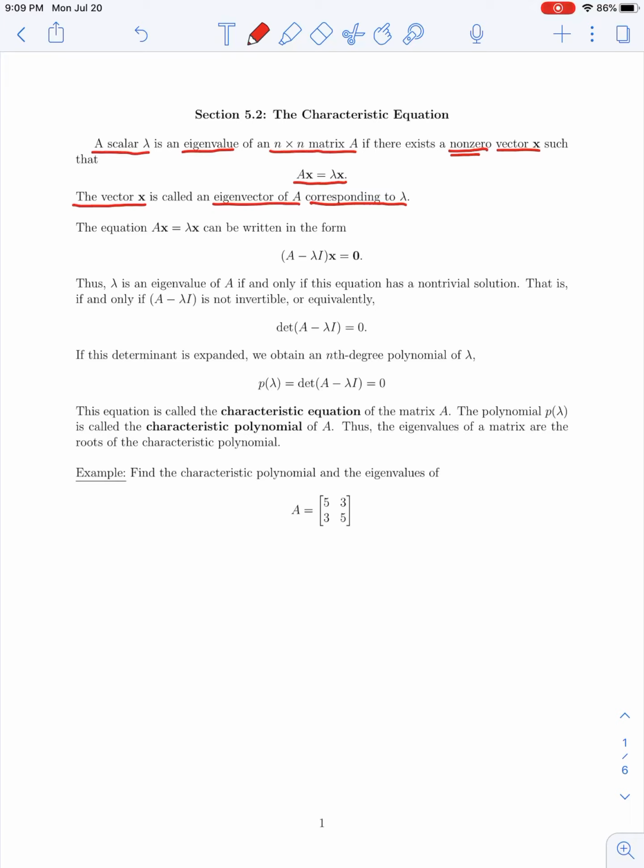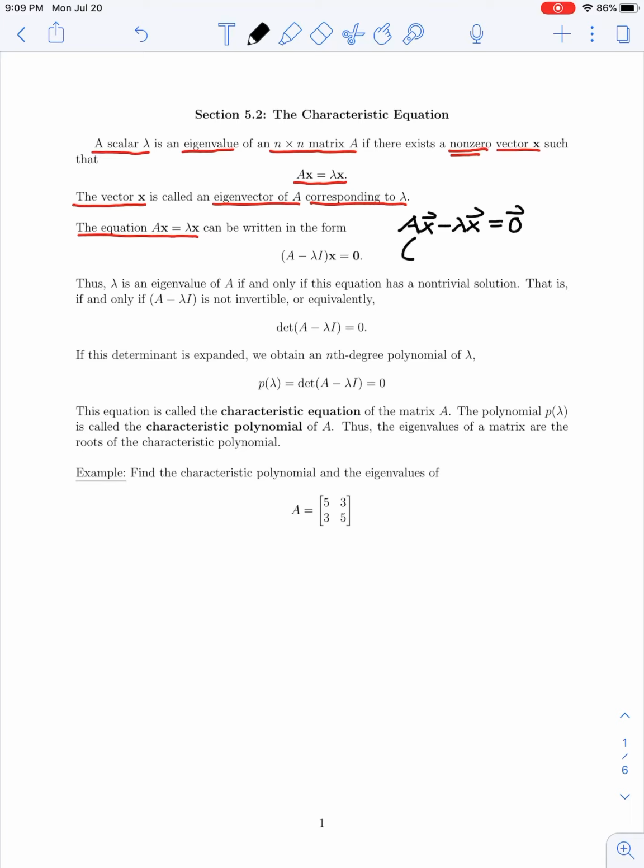As we saw in our last section, the equation in the definition of an eigenvalue and vector, Ax equals lambda x, can be rewritten in the form (A minus lambda I) times x is equal to 0. A little review of how that works: if we have Ax equals lambda x, we can subtract lambda times x from both sides, and we would have Ax minus lambda x is equal to the 0 vector.